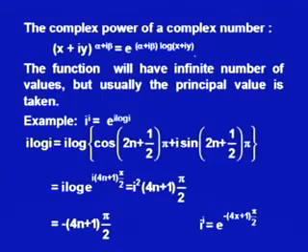From here we write down i raised to power i is equal to exponential of minus (4n+1) multiplied by pi by 2.